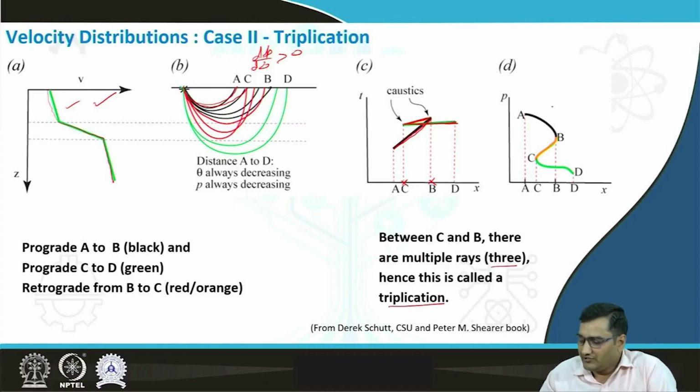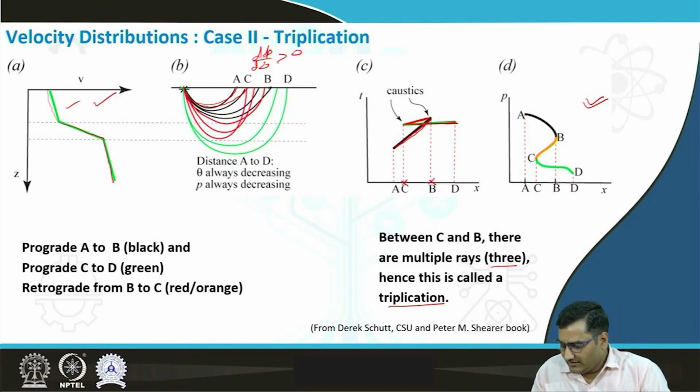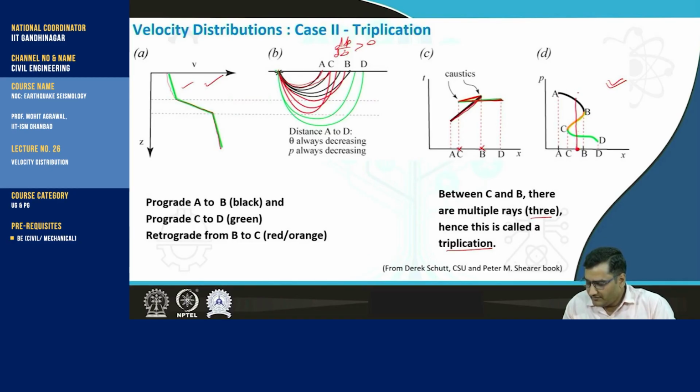This can also be represented on the p-x plane, because sometimes things are not clear on the tx plane, so we plot the px plane. On the px plane, if you go to this particular offset distance and go upward, you will experience three rays coming at this particular distance.